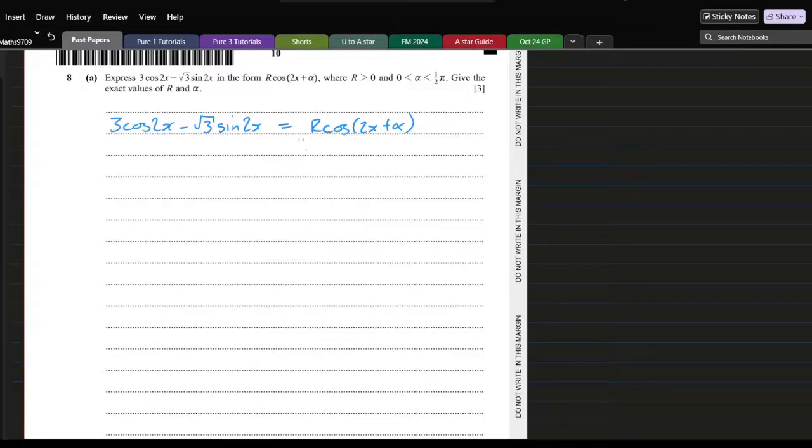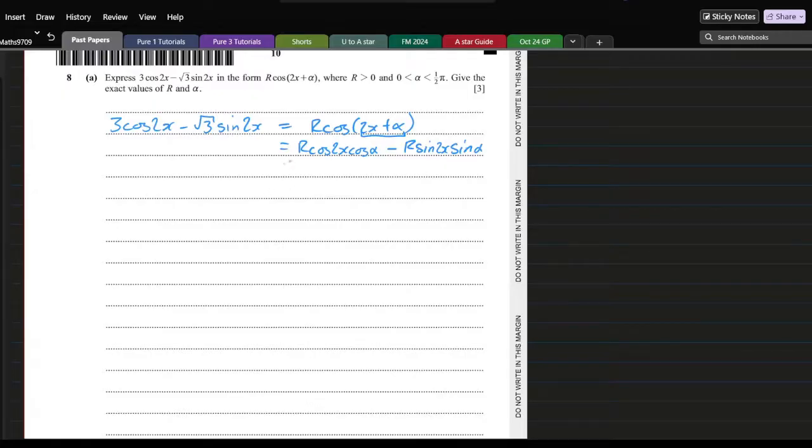So let's just expand our right hand side using the compound angle formula for cos. So that would become r cos 2x cos alpha minus r sine 2x sine alpha.